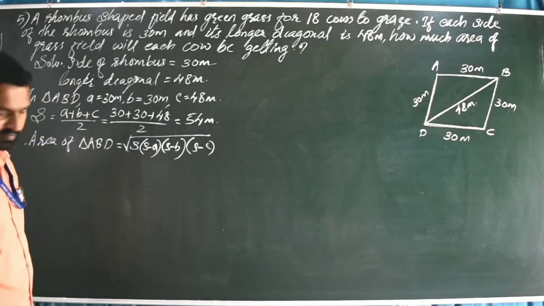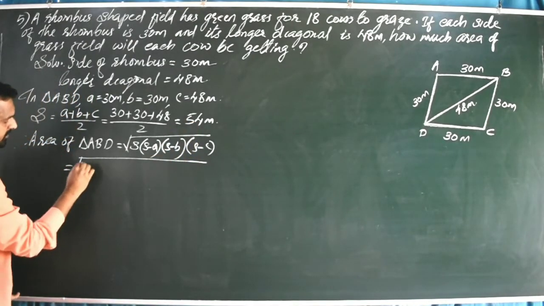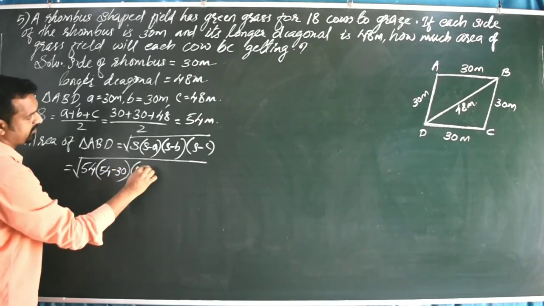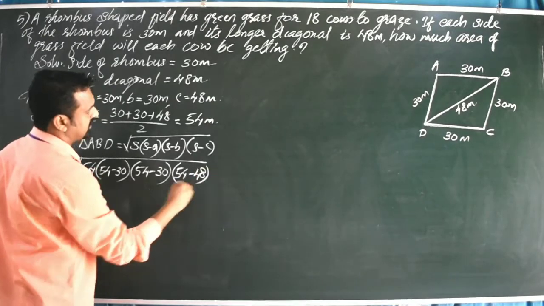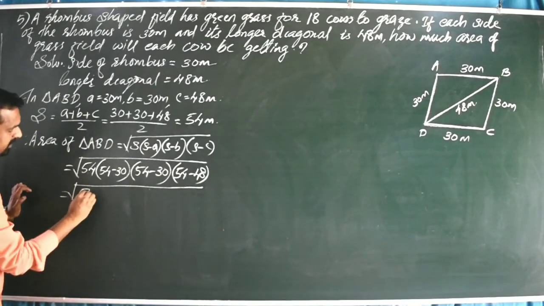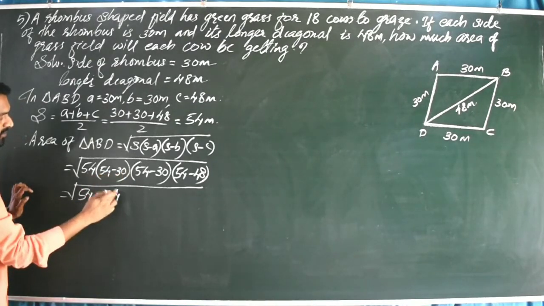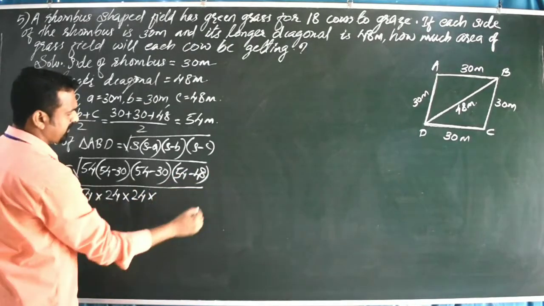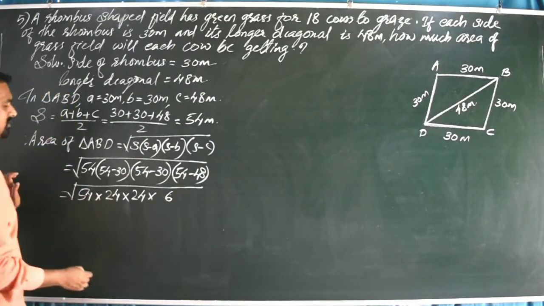Substituting the values, that is equal to square root of 54 into 54 minus 30 into 54 minus 30 into 54 minus 48. 54 minus 30 is 24, and 54 minus 48 is 6.